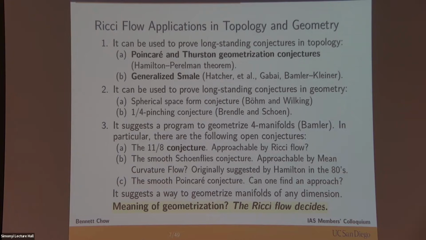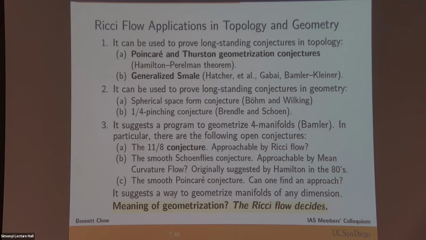Hatcher did the case of S^3, and Gabai did the case of hyperbolic manifolds earlier. Ricci flow has also been used to prove long-standing conjectures in geometry relating to positive curvature, notably by Brendle-Wilking and Brendle-Schoen. They proved sphere theorems under some positive curvature assumption.